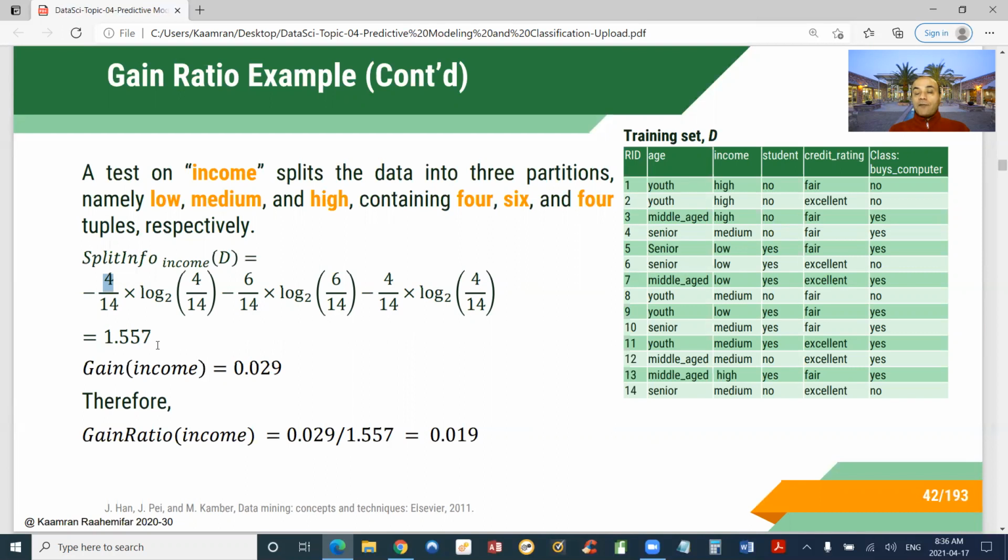And with 1.557, you're going to calculate the gain ratio. The gain of income you have already calculated before, so the gain ratio is going to be 0.029 divided by 1.557. The reason we want to do this is that we don't want to be dealing with the complexity of finding the gain all the time.